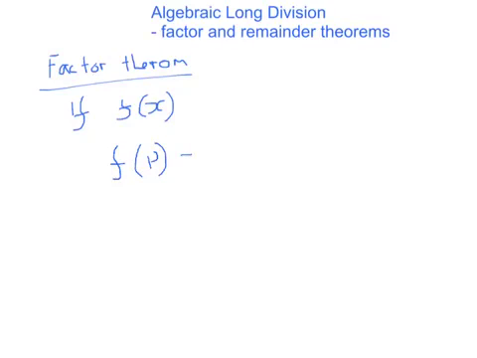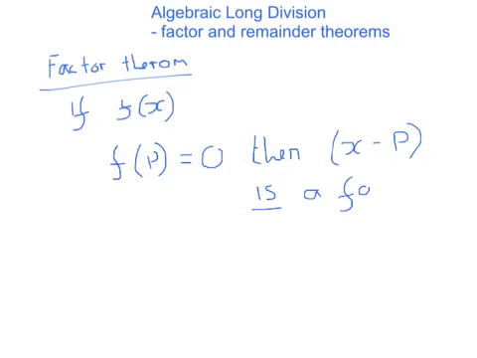If that comes out with an answer of 0, then you can know for certain that x minus p is a factor. Right, let's see what that actually means.